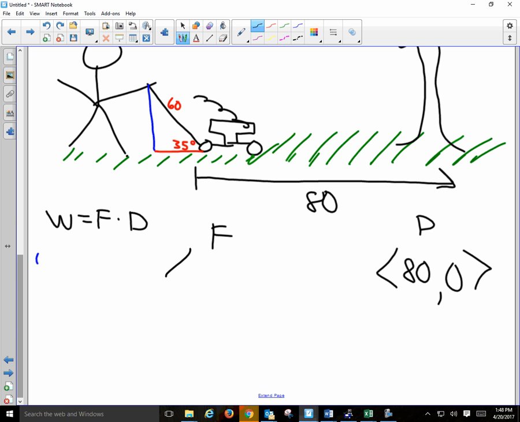I need a force vector. I know it's 60 pounds of force, but that has a horizontal component and a vertical component. How do I figure out the horizontal component? 60 cosine of 35. How do I figure out the vertical component? 60 sine of 35.